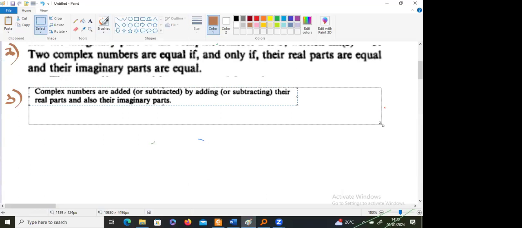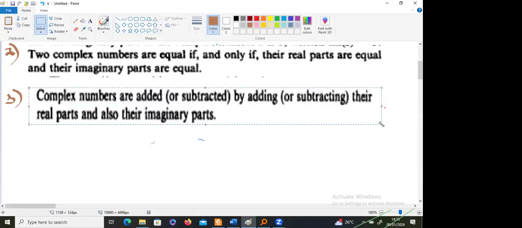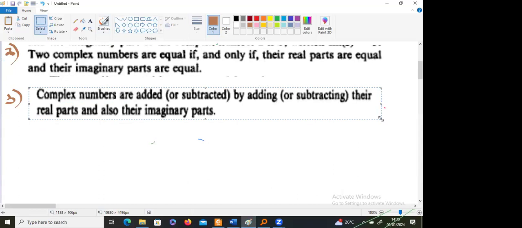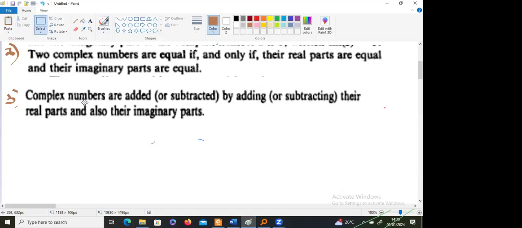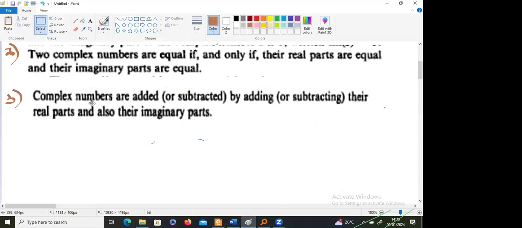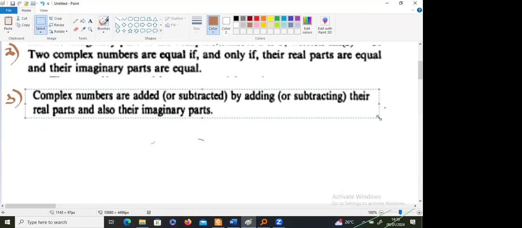So I am taking my third note there: complex numbers are added or subtracted by adding or subtracting their real parts and also their imaginary parts.